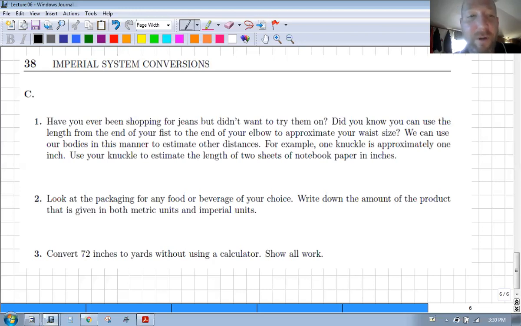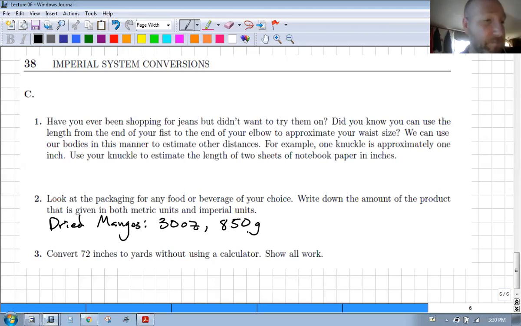Write down the amount of product that is given in both metric units and imperial units. Basically, if you look at any product, I got some dried mangoes here. Any product, they're going to have both imperial and metric. This thing is 30 ounces for 850 grams. They always give you both.